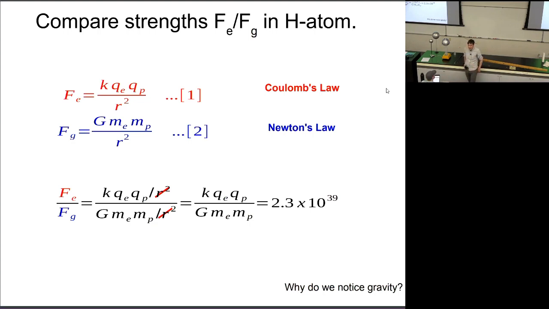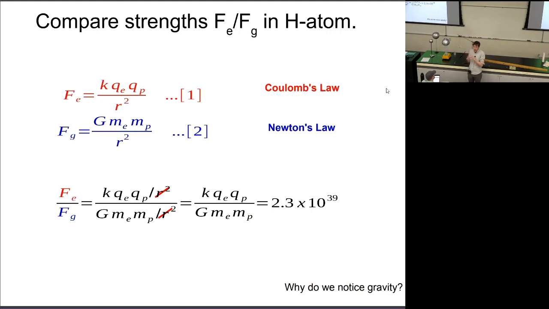Electricity is 10 to the 40 times bigger for the hydrogen atom than the gravitational force.